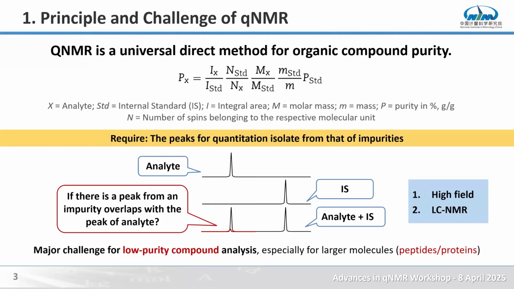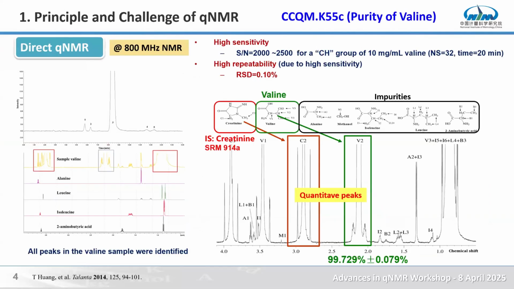To achieve effective separation between the interfering signal and the signal for quantification, the most straightforward approach is using high-field NMR to enhance spectral resolution. We can also combine this with a deconvolution strategy. The other way is to use HPLC-NMR hybrid techniques.